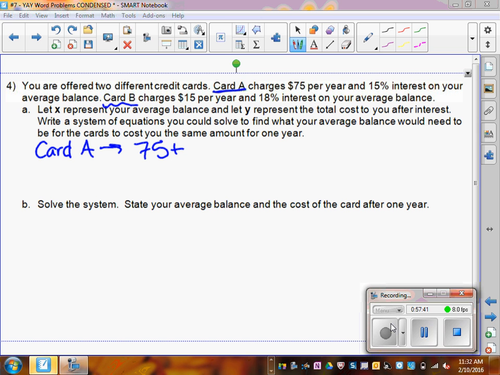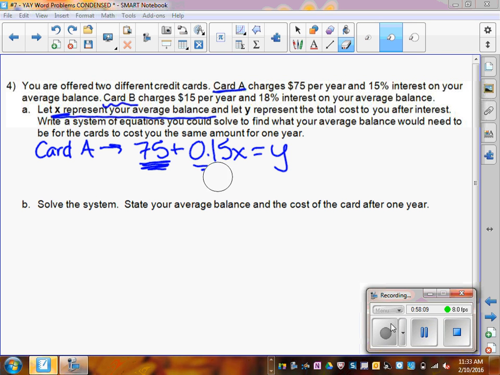So interest on our average balance is going to be 0.15 times my average balance, and X is my average balance, so times X. Y represents the total cost after interest. So if they charge me 75 plus the interest, that's going to be my total cost in the end. So 75 is the initial amount, plus the interest added to it will give me the total cost. Alright, so that's my equation for card A.